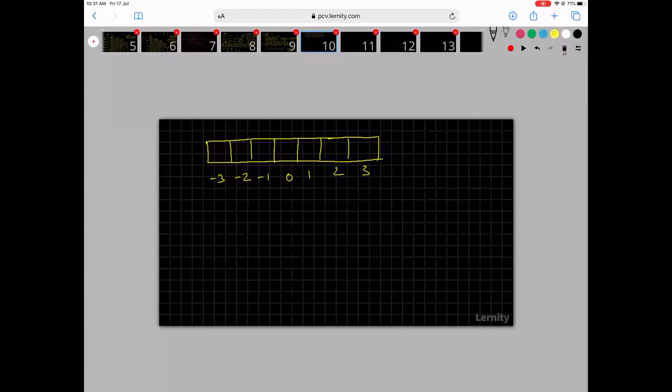So here 2 electrons, 2, 2, 2, 2, 2, 2. So totally there will be 14 electrons. So in the s subshell, maximum 2 electrons; p subshell, maximum 6; d subshell, maximum 10; f subshell, maximum 14 electrons.